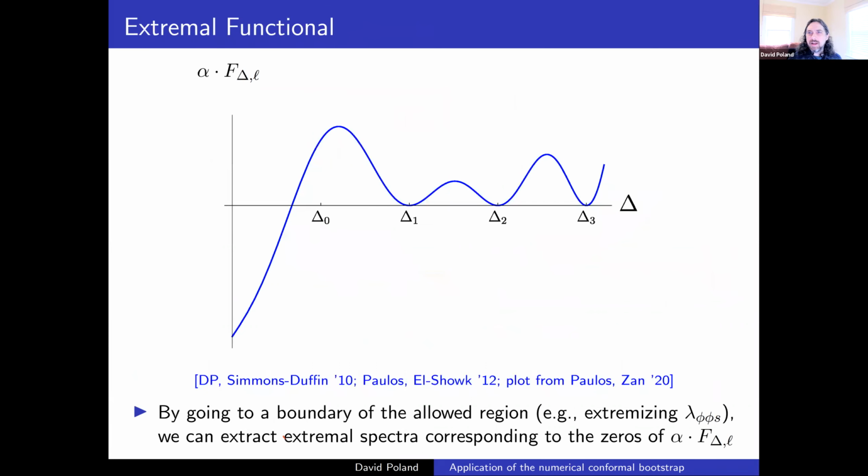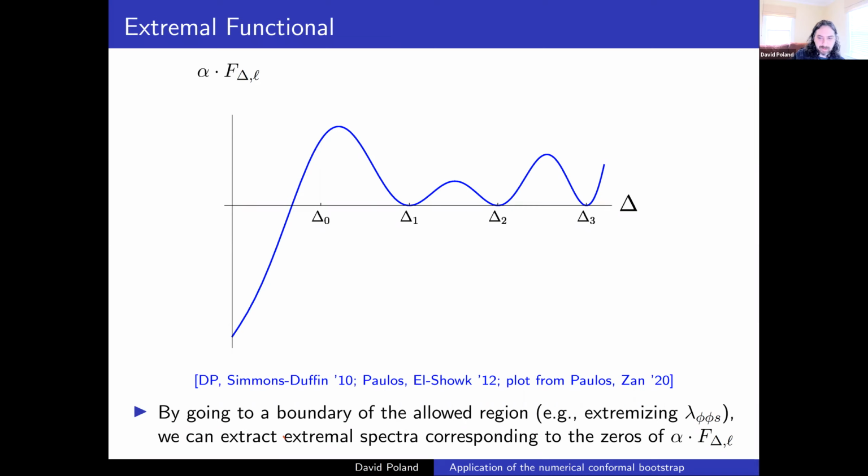So as I mentioned before, another thing you can do is extract an extremal functional. You basically go to some boundary of these allowed regions. For example, you can either go to a boundary in dimension space, or you can extremize some OPE coefficient and go to a boundary in OPE coefficient space.